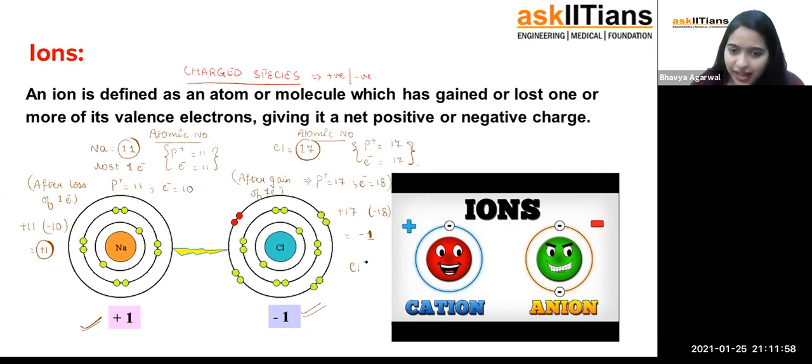I can say that this is an ion. This is not a chlorine atom anymore. This is a chloride ion now.